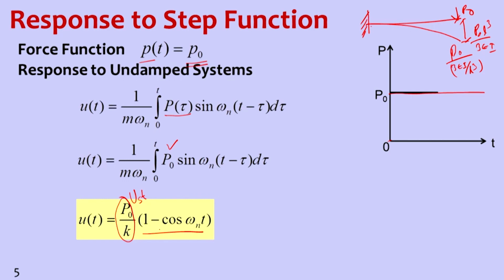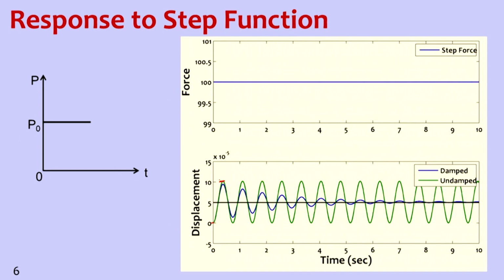If you look at the maximum value of this function, if we take one differentiation, du by dt, and make it equal to 0, then at regular intervals it will become maximum, minimum, maximum, minimum.